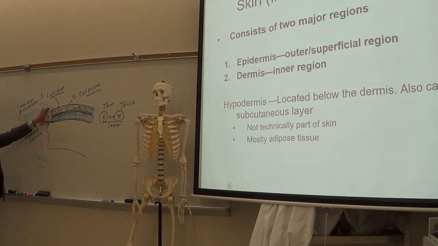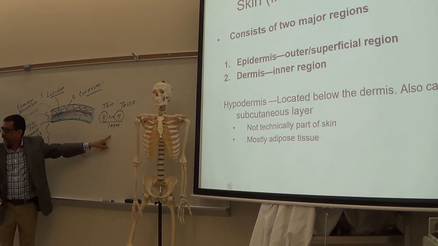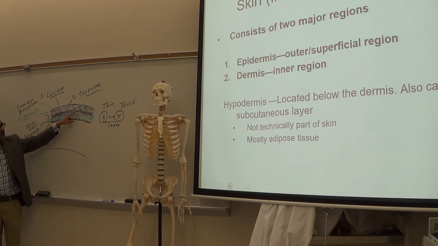So this is epidermis, this is dermis. This is outer layer of the skin, this is the inner layer of the skin. Make sense? Outer epidermis has how many layers I said? 4 or 5. In thin skin you have 4. In thick skin you have 5. Make sense? Now I showed you how many? 1, 2, 3, 4, 5 layers, right? So this is thick skin.